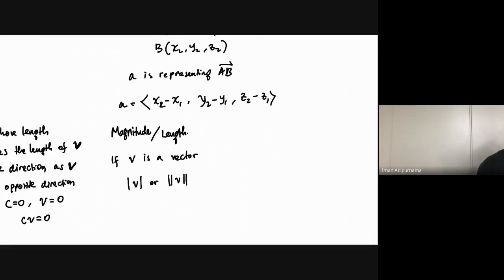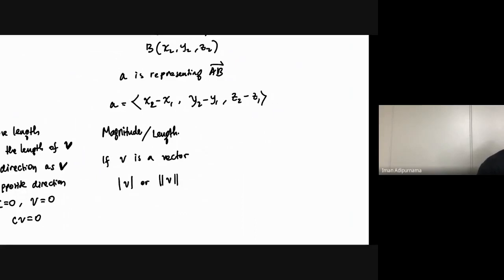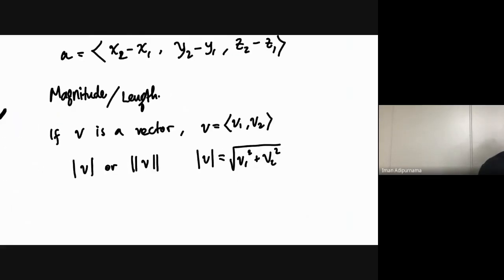For example, if phi is a vector with components phi1 and phi2, the length will be the square root of phi1 squared plus phi2 squared.